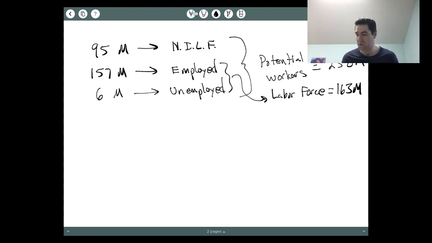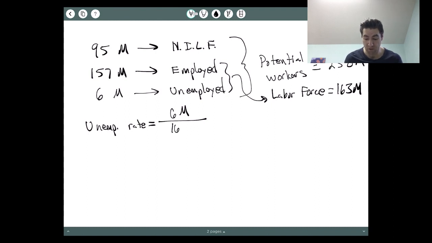Okay, so our unemployment rate is the number of people who are unemployed, which in our case is 6 million, divided by the labor force, which is 163 million. We multiply that by 100 to make it a nice percent, and we have the unemployment rate currently in the U.S. economy at about 3.68%.